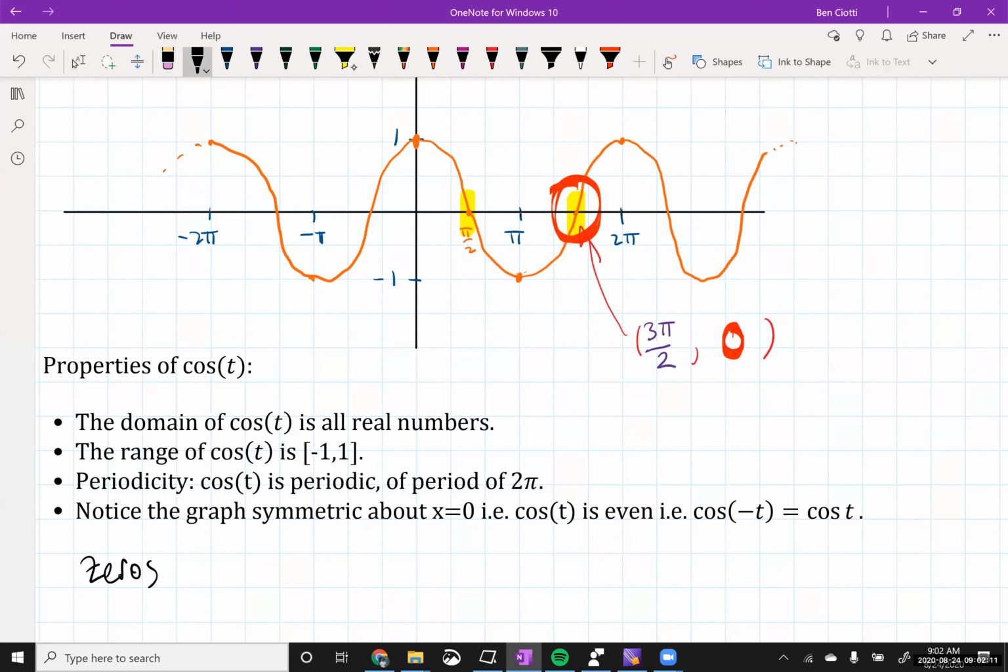So this compresses cos x horizontally by a factor of 2. So it's going to squeeze it in like an accordion, okay? Imagine you're holding an accordion in your hand, and you start putting your hands together.